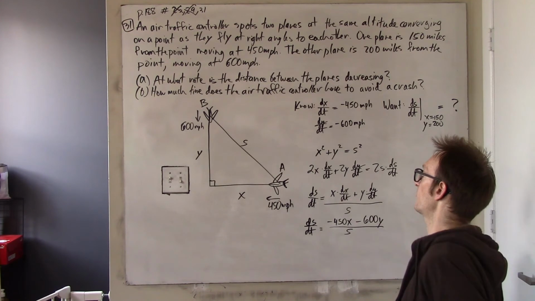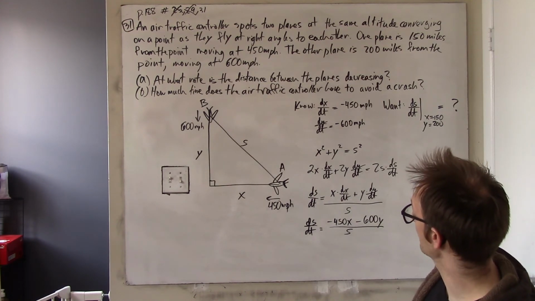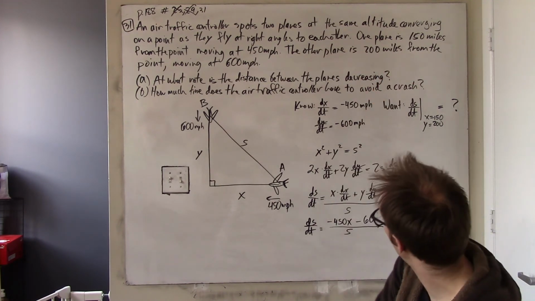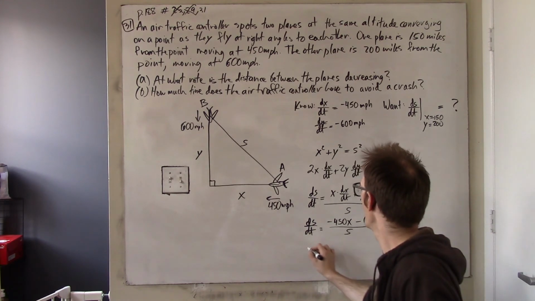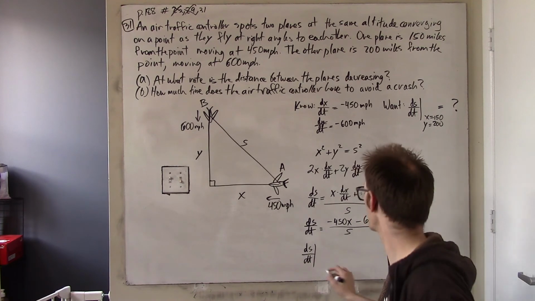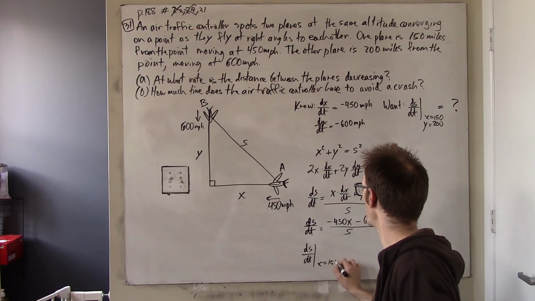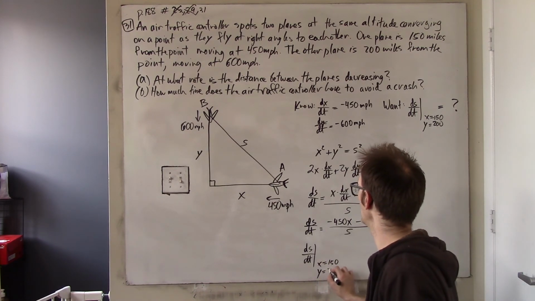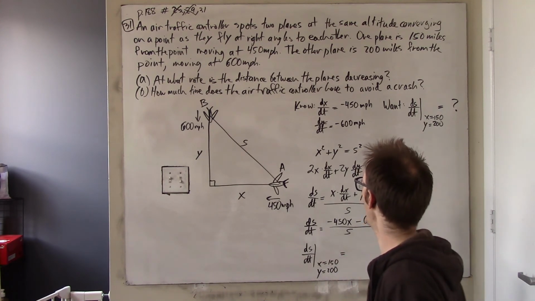So that's a formula for ds/dt with the speeds of these planes inserted. And finally, we can solve for ds/dt at the particular moment at which x is 150 and y is 200.